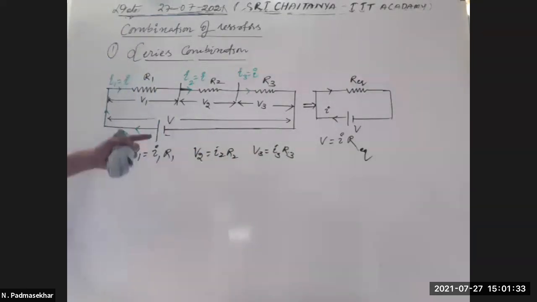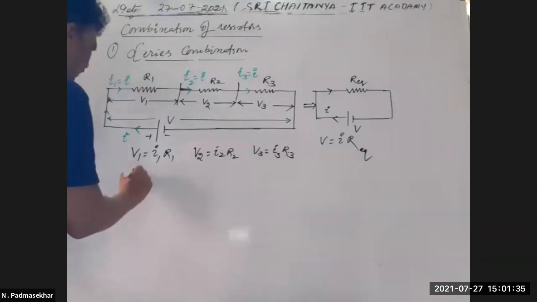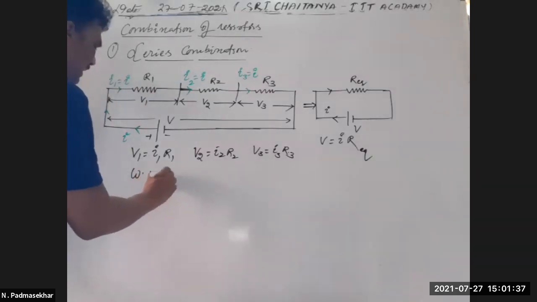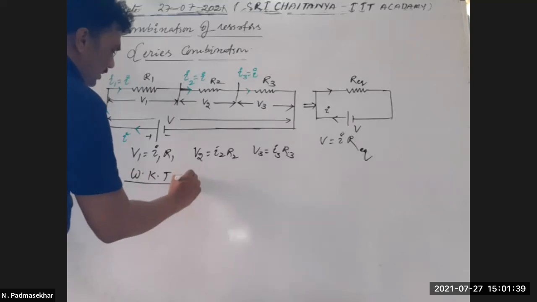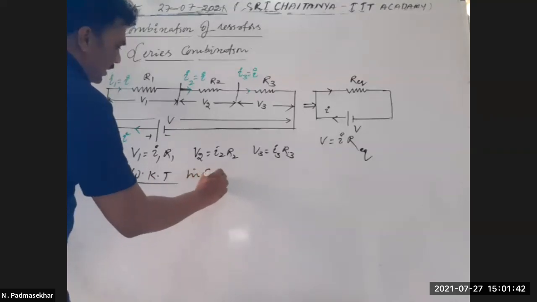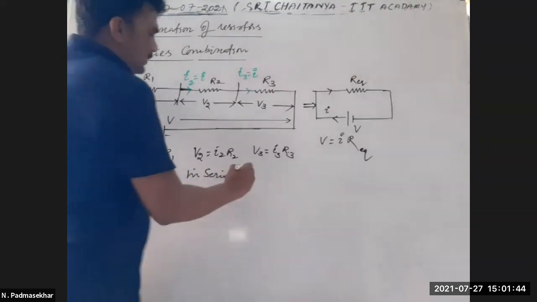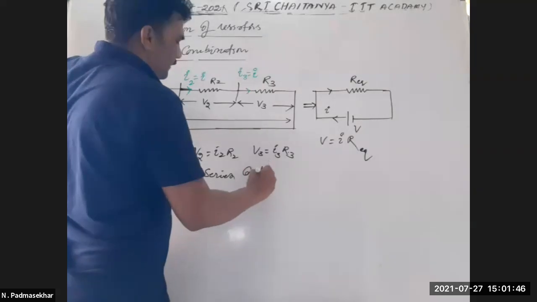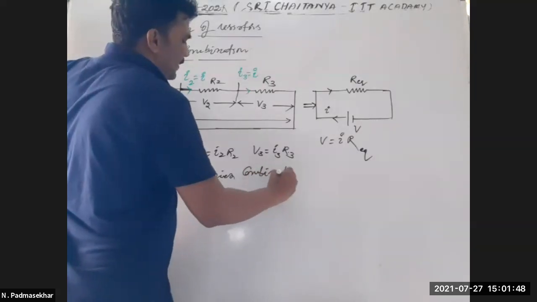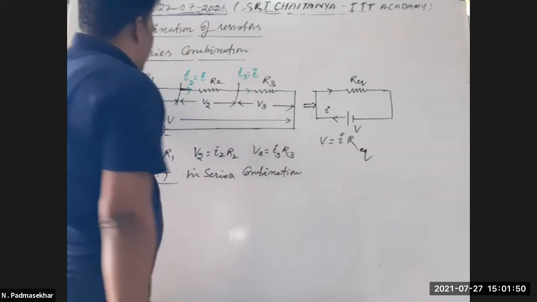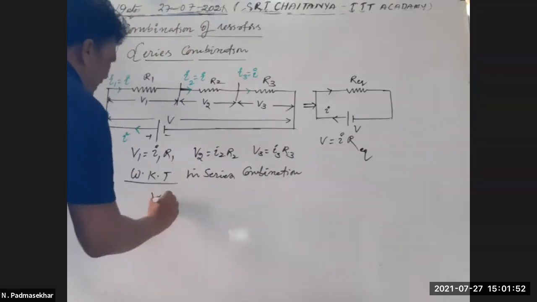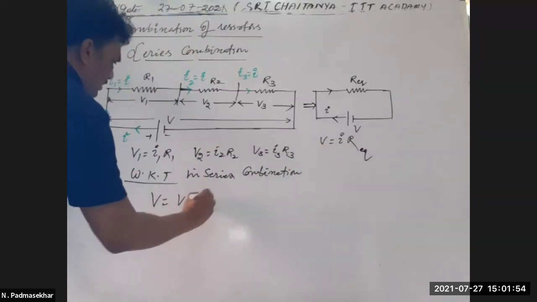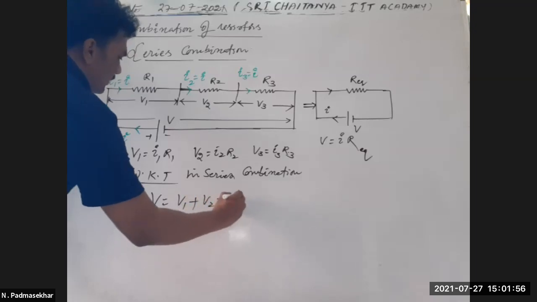In the series combination, V is equal to V1 plus V2 plus V3.